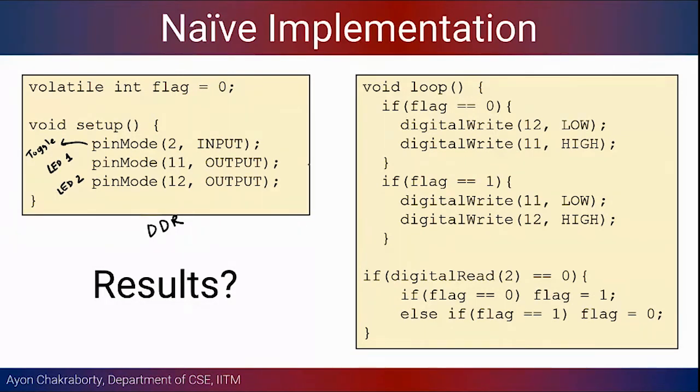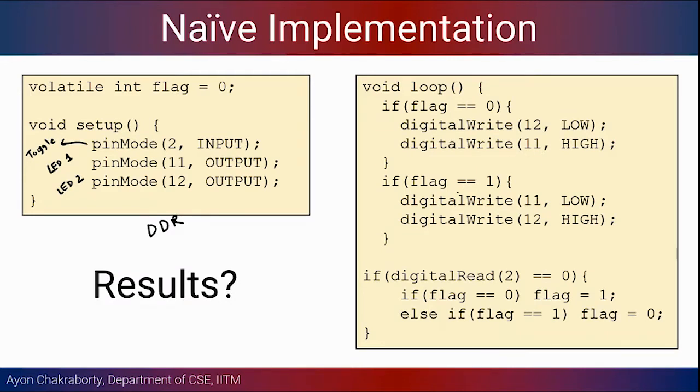And then it's very simple. This is very similar to that blink example that we went through. Whenever the flag is 0, we are turning off one LED. So we are doing a digital write of low, which is setting a value of 0 in the data register, and putting a value of 1 on that particular pin in the same data register.